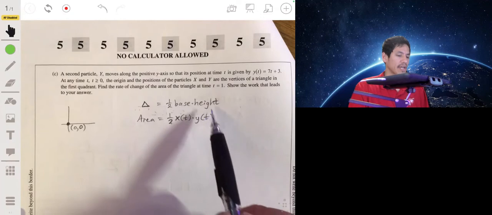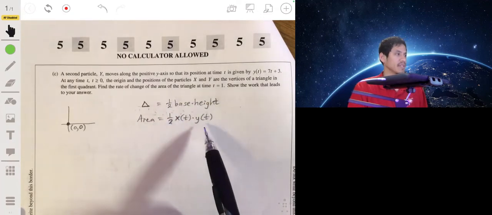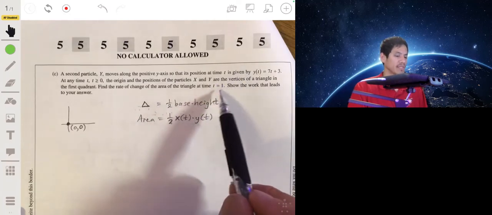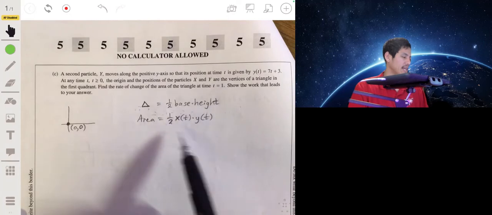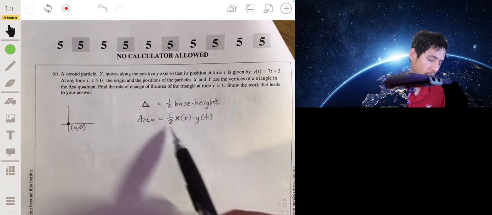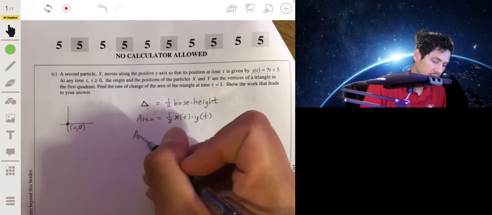Now, if we want to know how the area is changing, the rate of change of the area, we're going to take the derivative of this, and then plug in 1, and we can see what's going on with the area at that time t equals 1. So let's just write this down as a function.